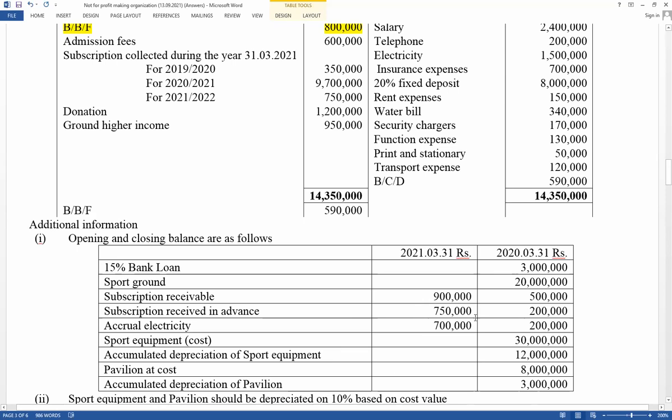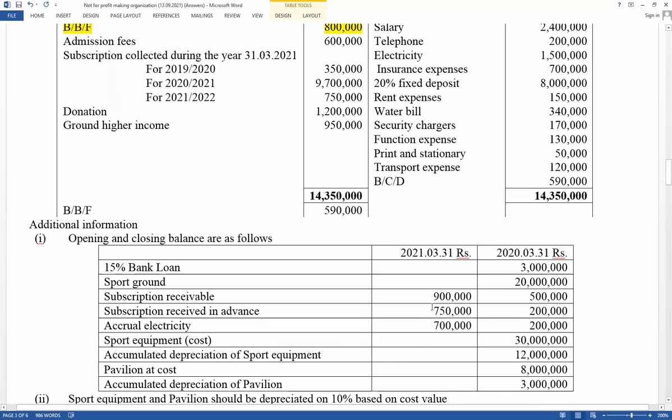Think about the closing balance. It has given subscription receivable, subscription received in advance, and accrual electricity as at 31st March 21. Subscription receivable is under current assets. Subscription received in advance is under current liability, as well as accrual electricity.